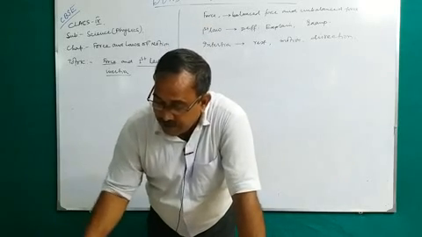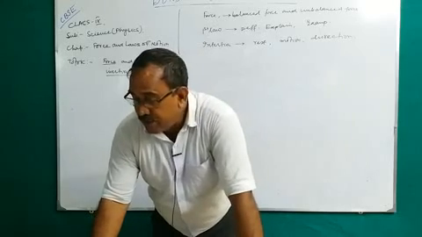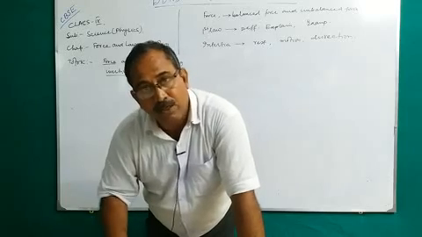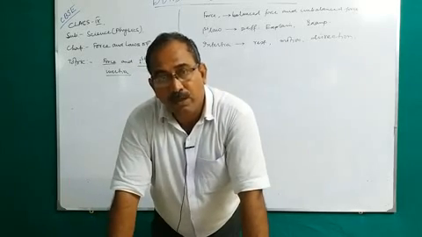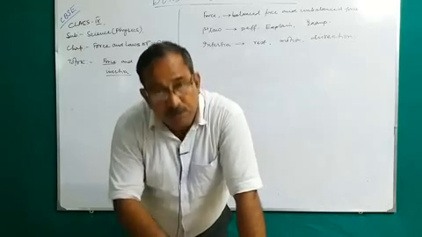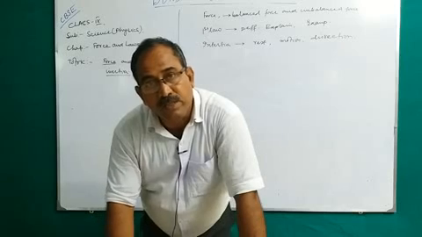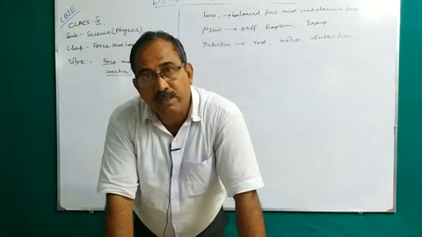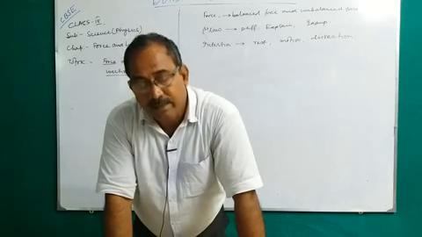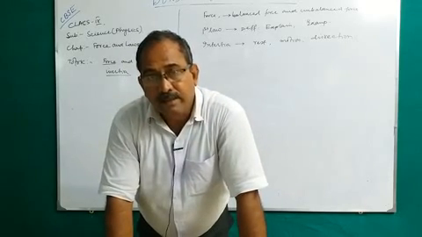So the object is at rest on the table, and the table also rests on the floor. Everybody continues in its state of rest or uniform motion. Uniform motion means no change in velocity, so no acceleration is there. Uniform motion in a straight line.